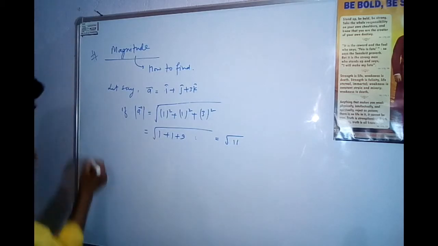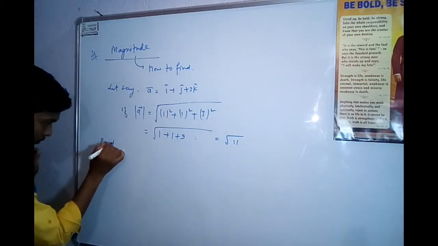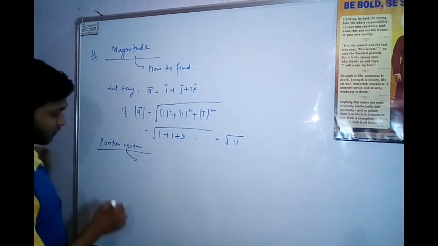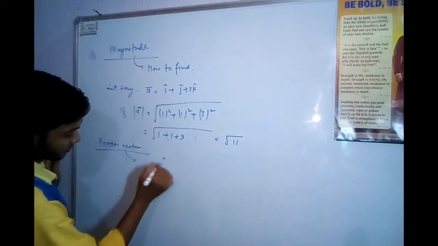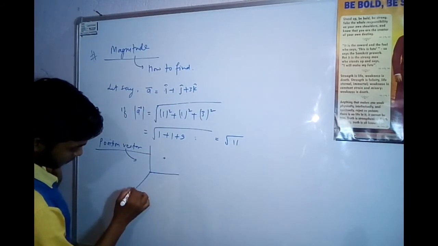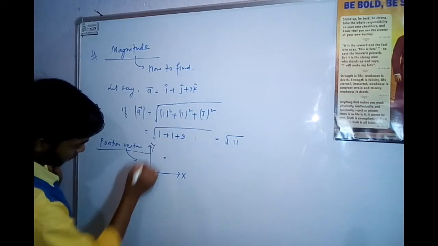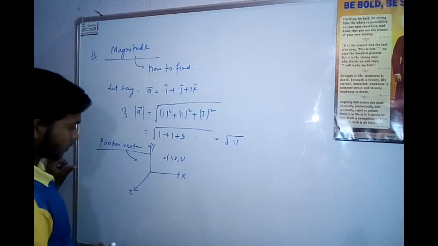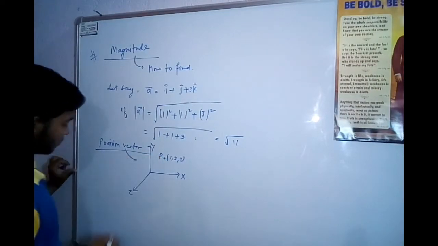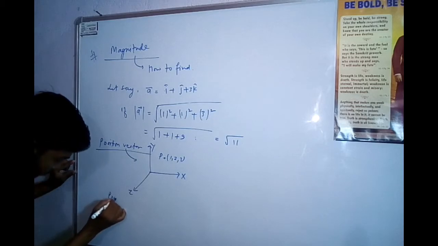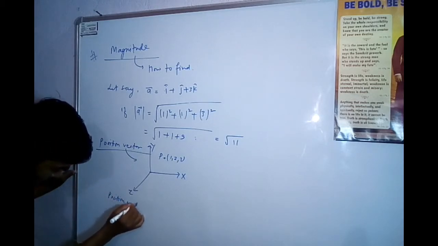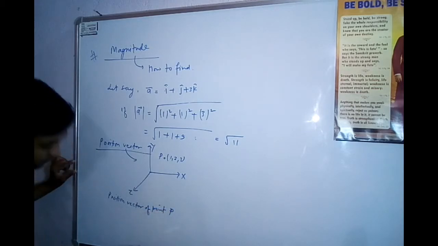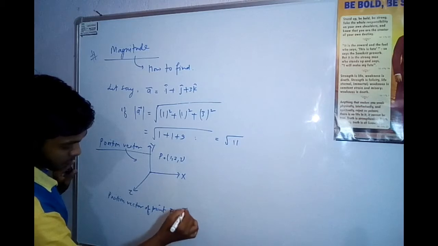Now the position vector. Let's say any point is given on the x-axis, y, z, say 1, 2, 3. Let's say the point is P. We want the position vector of point P, that is OP.